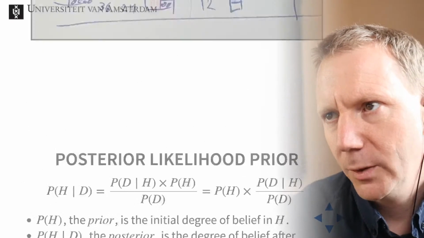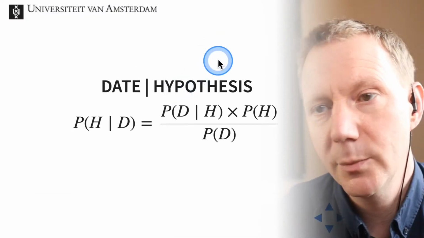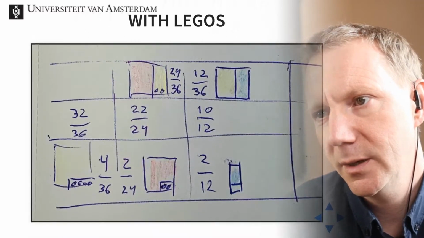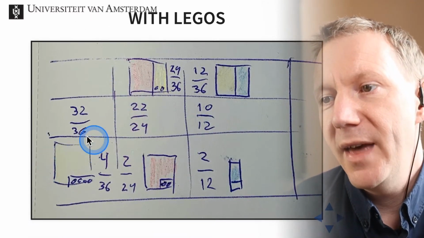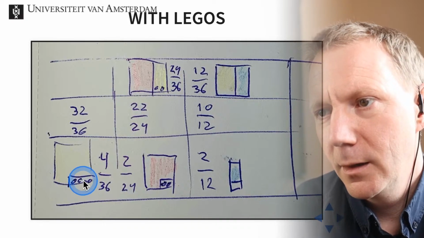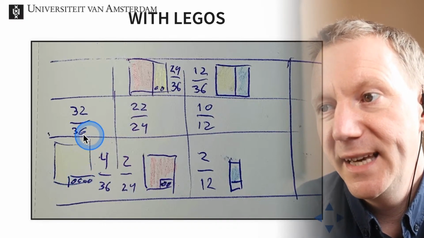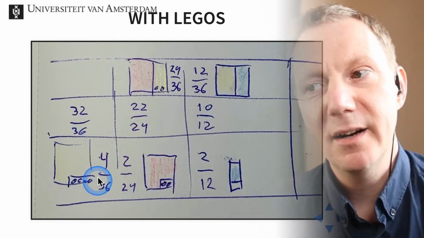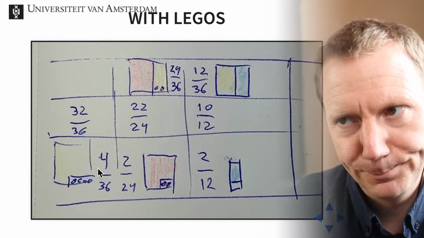And what we also needed was the probability of the data, and that was essentially the area of the data, at least with respect to the entire outcome space that you would have.